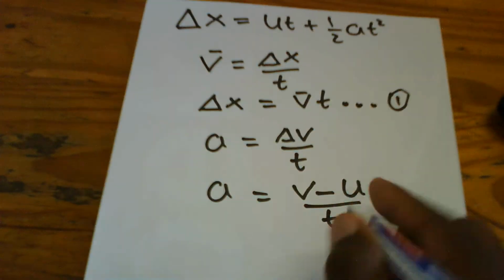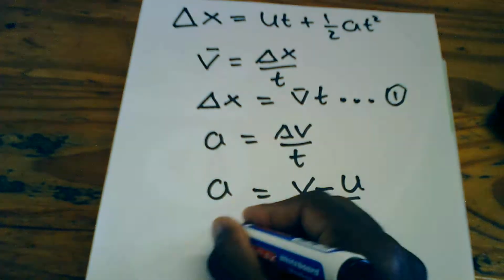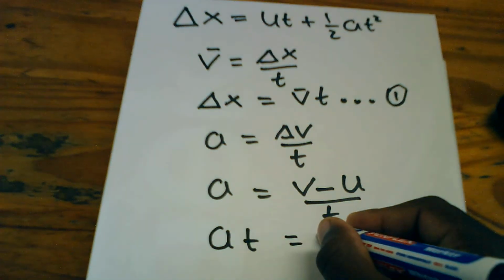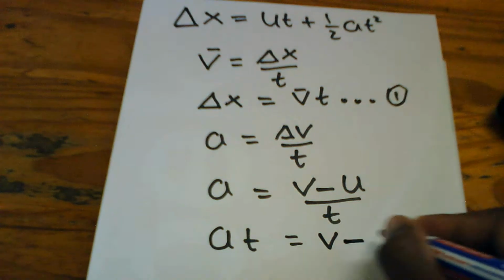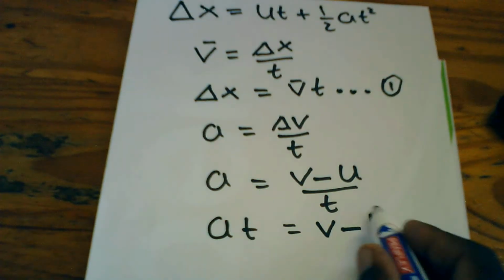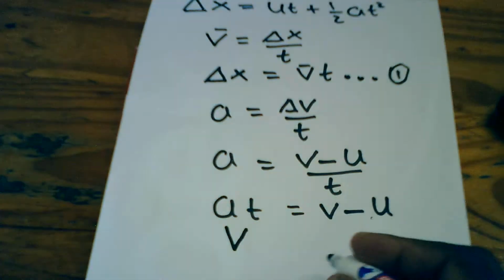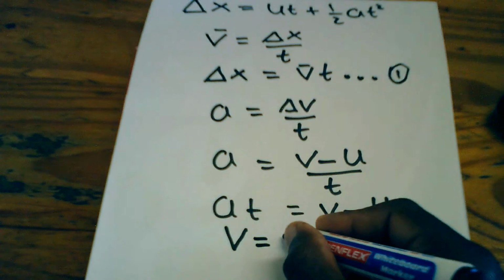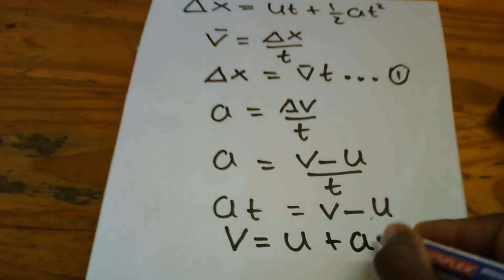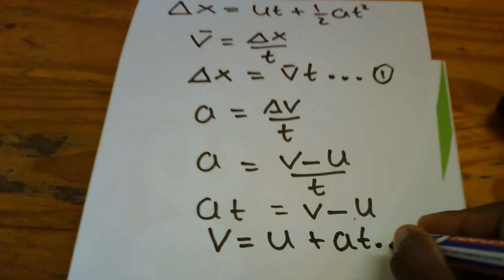If we multiply both sides of this equation by t, we get that the acceleration multiplied by the time is equal to the final velocity minus the initial velocity. If we take the initial velocity to the other side, we get that the final velocity is equal to the initial velocity plus the acceleration multiplied by the time. Let's make this our equation 2.